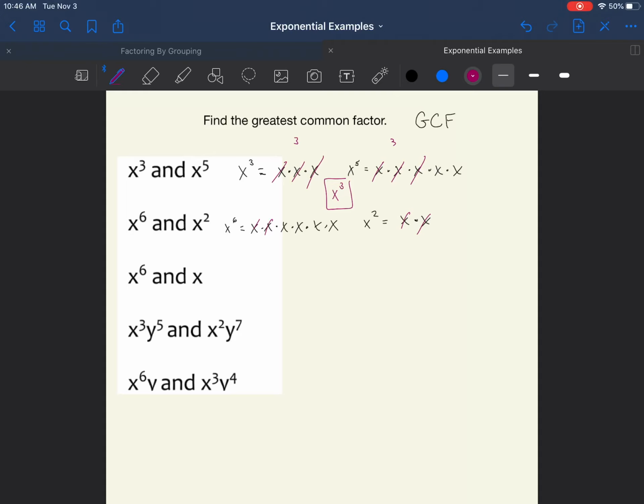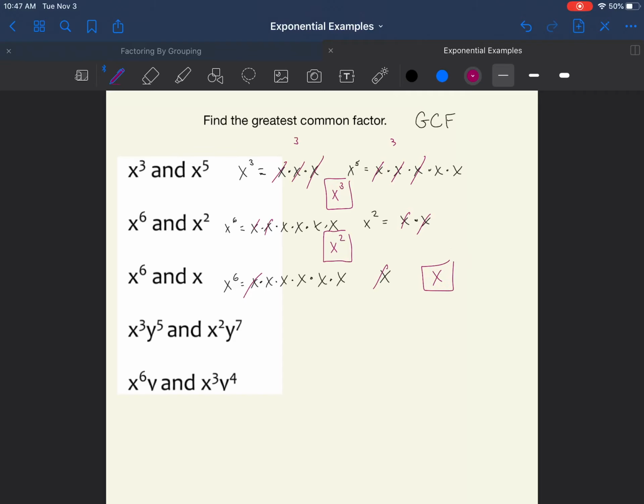I've crossed out 2 from each one, so my greatest common factor is x to the second power. Let's do this third one. x to the sixth is x times x times x times x times x times x, and x is just x. So I can just cross out x and x. So my greatest common factor, I just crossed out 1, is just x.